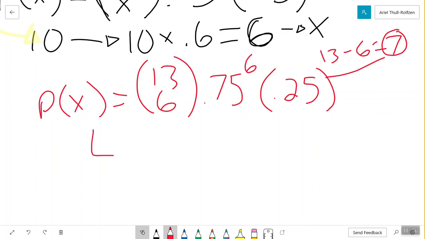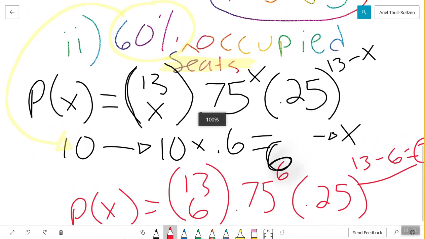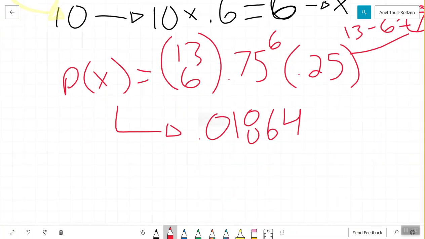And when I've done all of this math, I can say that 0.01864 is going to be the probability that out of the 75% of people that show up for a ride, that 60% of the seats are going to be occupied. So that's the 0.01864.